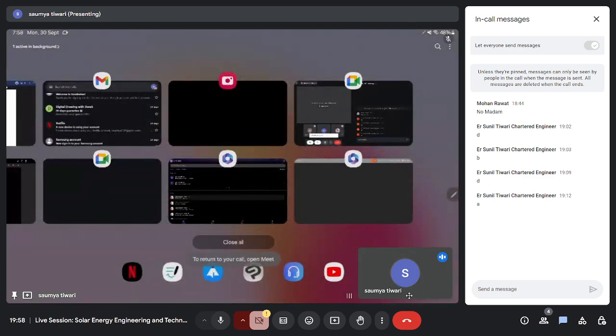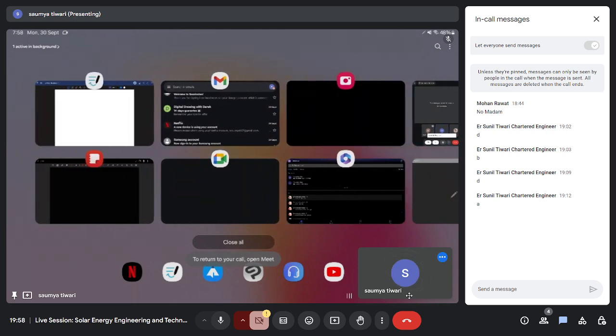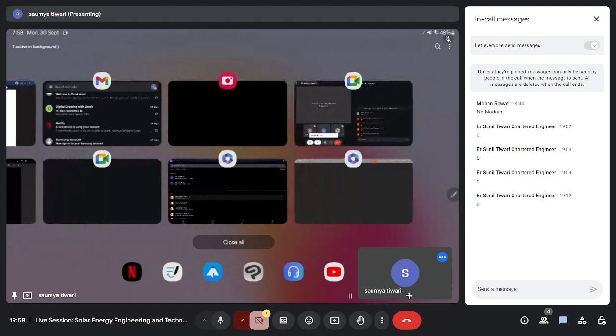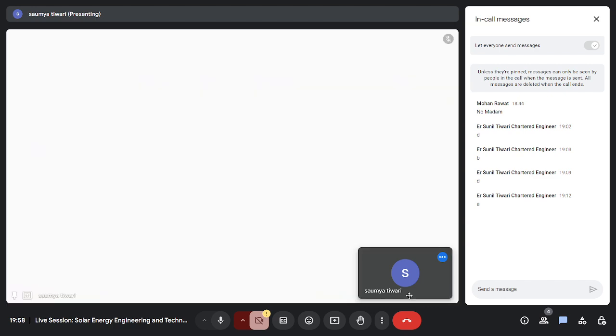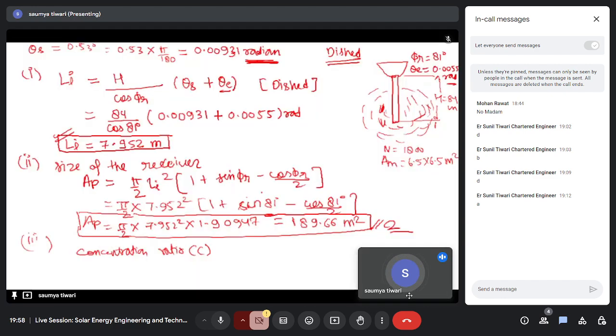So the concentration ratio will be your area of absorber upon receiver area.